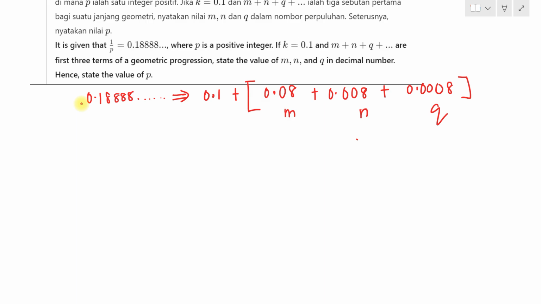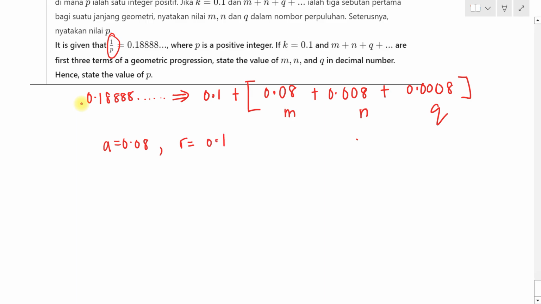Okay, now how to get your 1 over p? Use your sum to infinity, because we want to find the fraction. So your a is equal to 0.08, your r is equal to 0.008 divided by 0.08. So your r is 0.1.